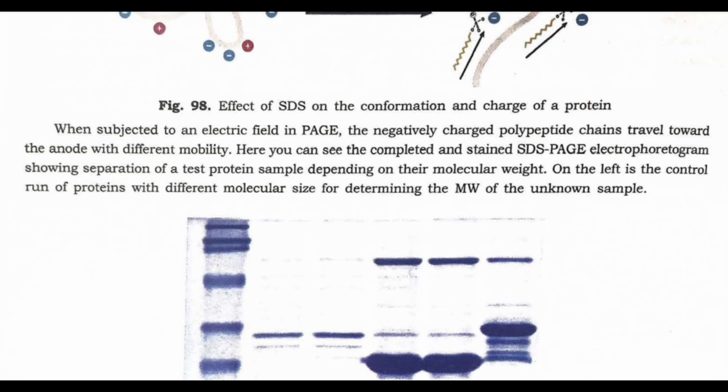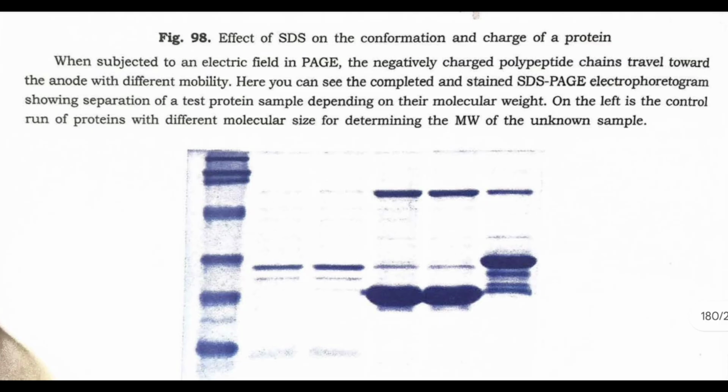When subjected to an electric field in PAGE, the negatively charged polypeptide chains travel towards the anode with different mobility. Here you can see the completed and stained SDS PAGE electrophoretic gel showing separation of a test protein sample depending on their molecular weight.